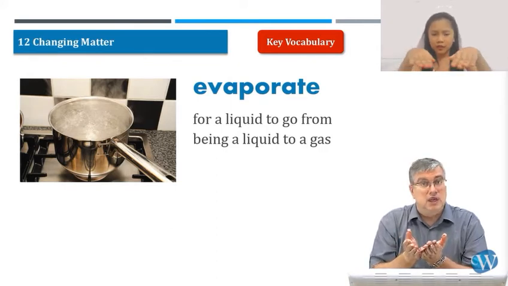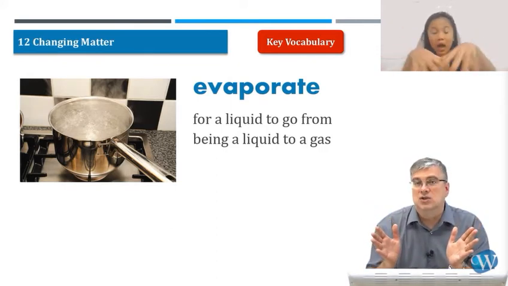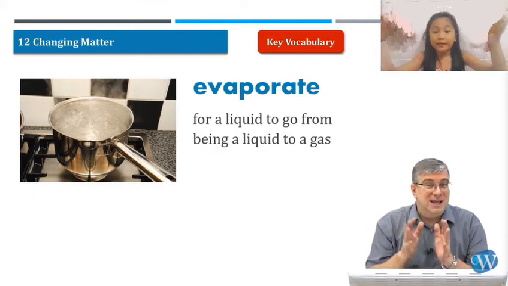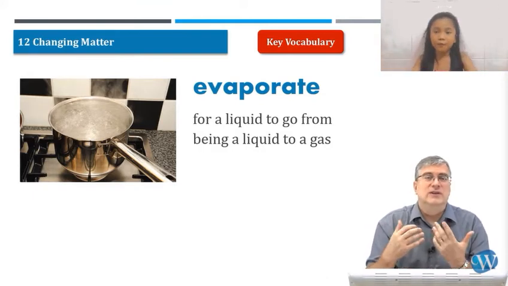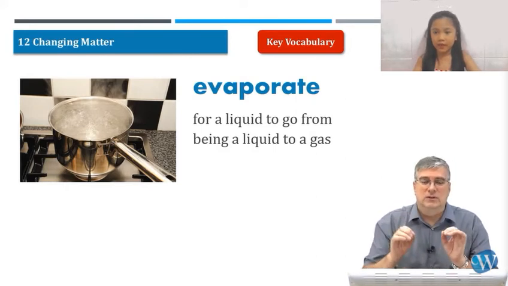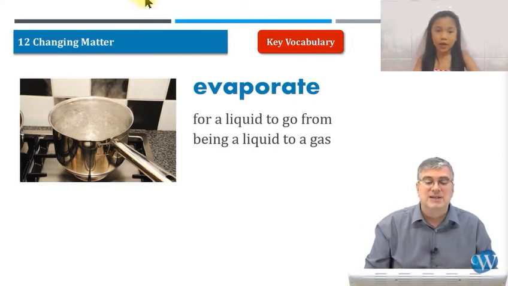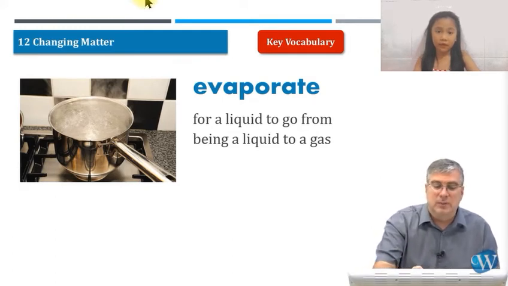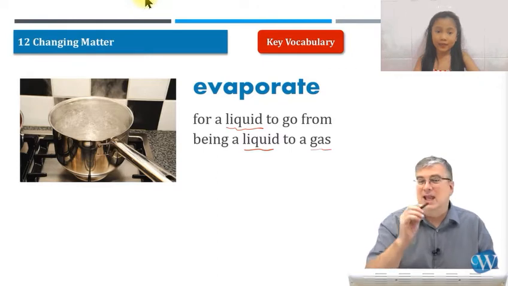If you put your hands around a hot pot, right, you'll feel the hot gas coming up, right? So evaporate, for a liquid to go from being a liquid to a gas. So a liquid changes to a gas.